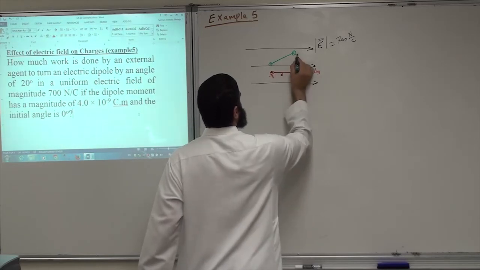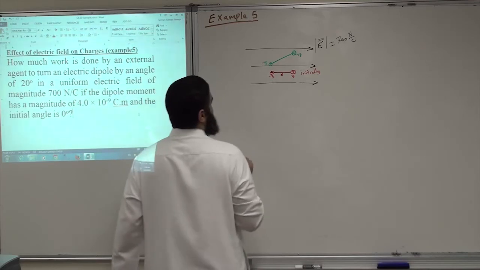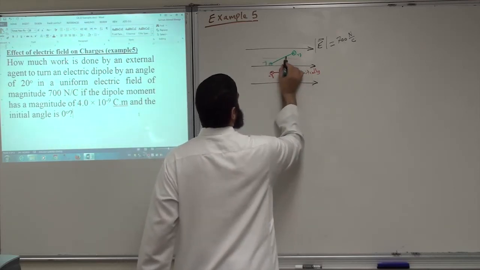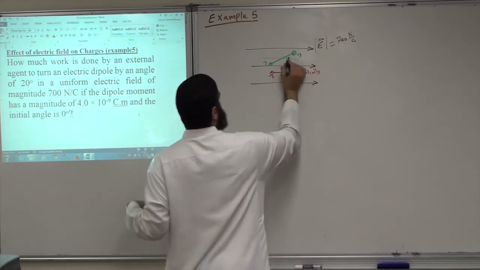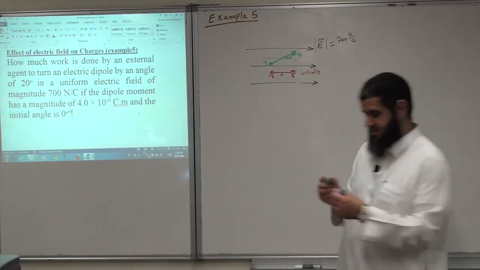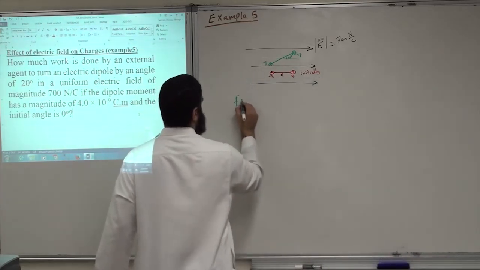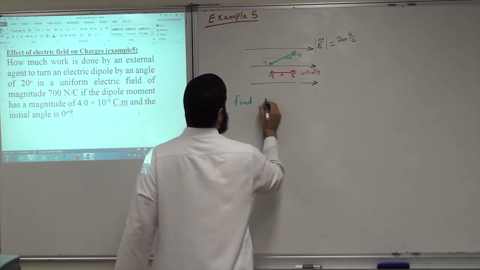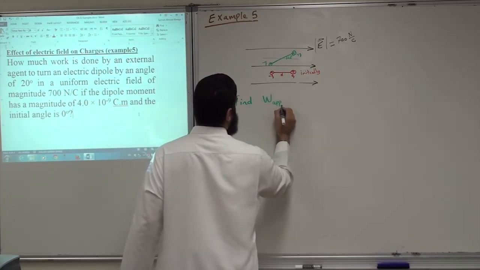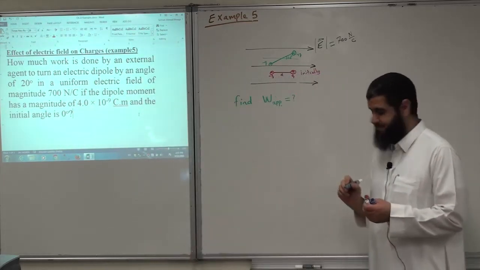This is the plus Q, this is the minus Q, and the distance between them is D. The angle now is 20 degrees. He is asking us to find the work done by the external agent. How much is it equal to?